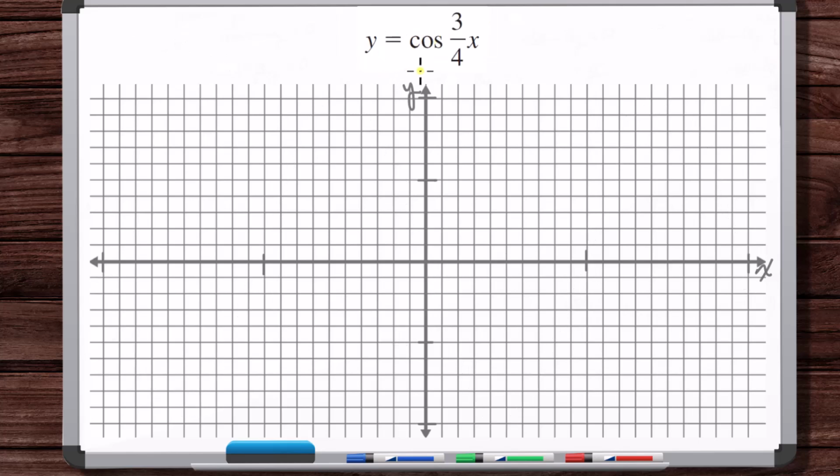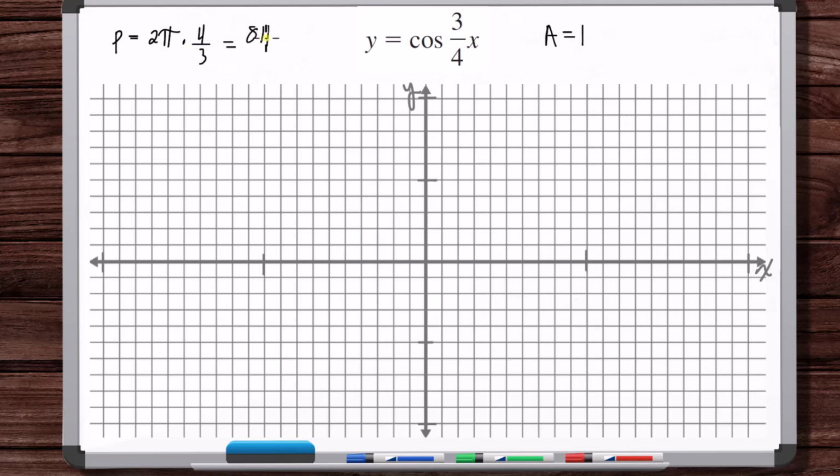Okay, cosine of 3/4 x. You can see the amplitude hasn't changed. Now the x-axis has been scaled. It's been stretched, because each x coordinate has been multiplied by the reciprocal of this, so 4/3, which means the period has changed from 2 pi to 2 pi times 4/3.